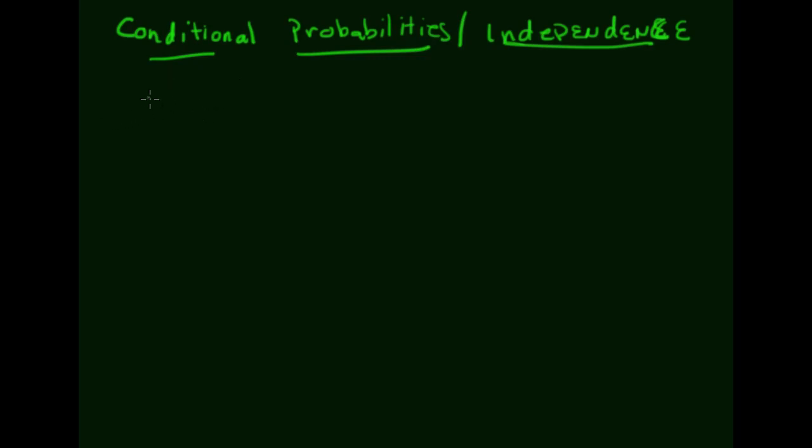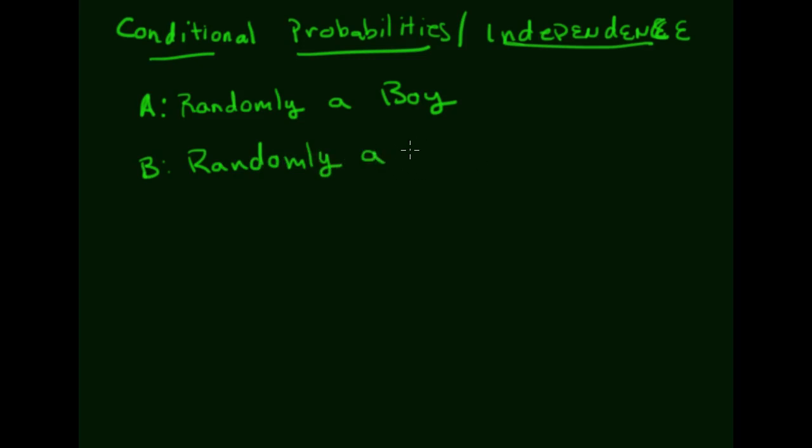Conditional probability is that I have two events. Let's say A is the event that I randomly select a boy from a population, and B is that I randomly select an 11th grader. What we want to do is say I know B happened.